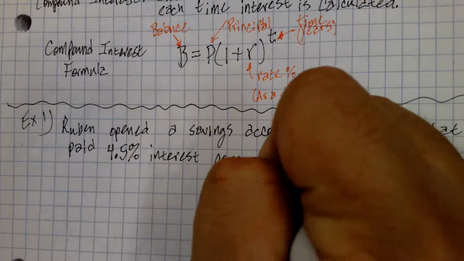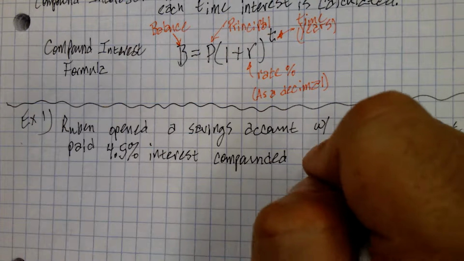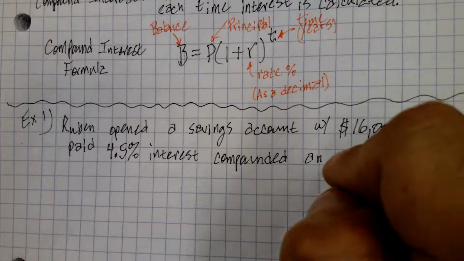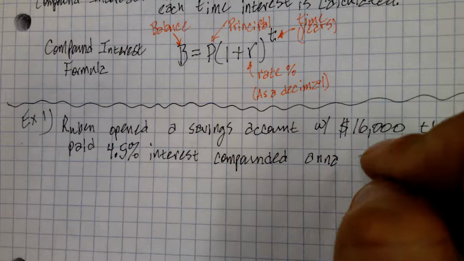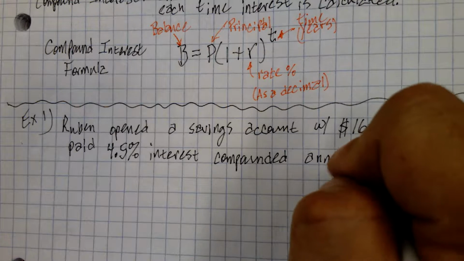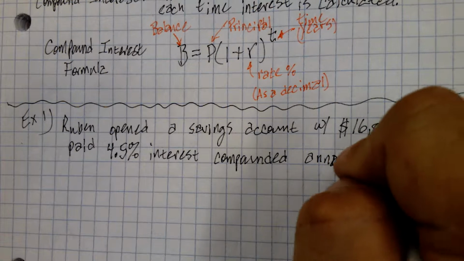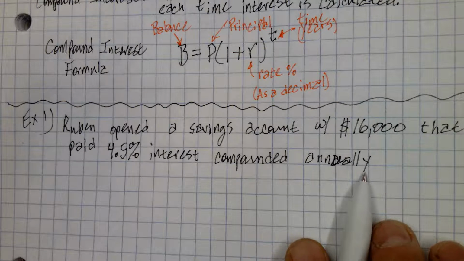That's the key word. This tells us it's not simple interest annually. So, how often did you get your interest money? Every year. Sorry, I misspelled that. It's annually.